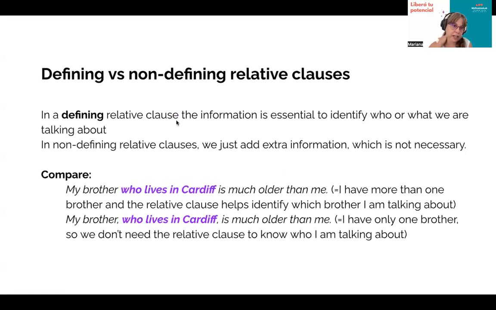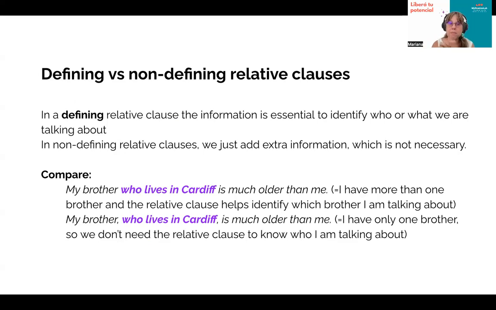Defining versus non-defining. So let's compare what happens when we have a defining or a non-defining. If I say, my brother who lives in Cardiff is much older than me, it means that I have more than one brother, and I want to specify or identify which brother I'm talking about. In this case, the one who lives in Cardiff.